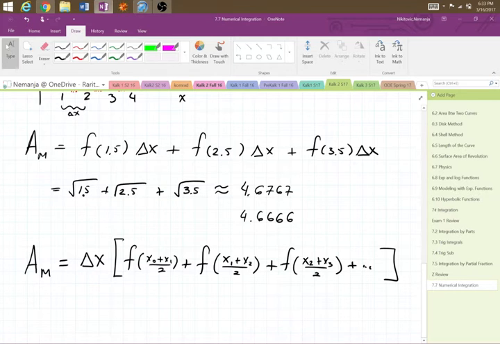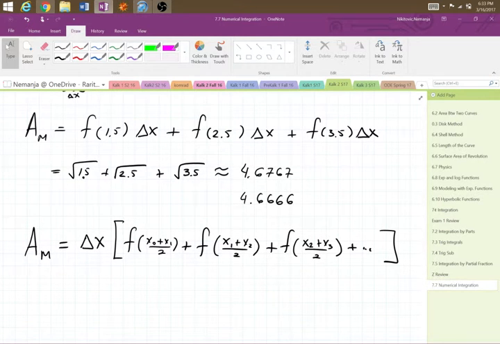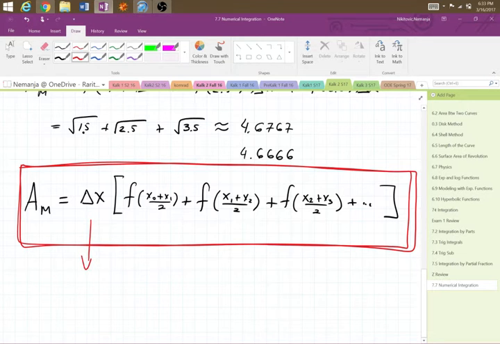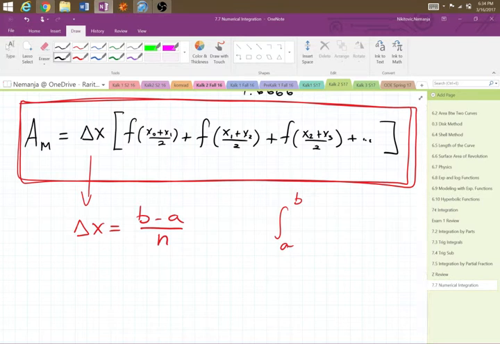Now, that's the formula for midpoint. One thing that will never change is that this dx is always b minus a divided by n. So you know where your a and b are in the limits of the integral. So that's the midpoint.